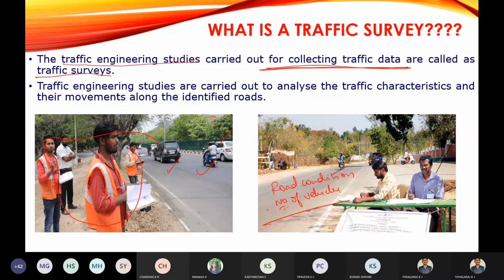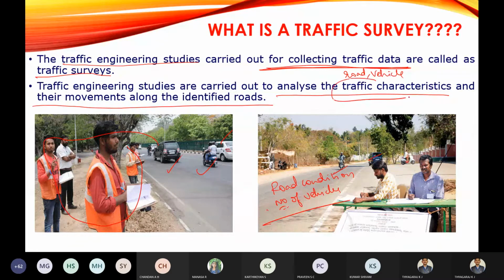Traffic engineering studies are carried out to analyze the traffic characteristics and their movements along the identified route. Not only collecting the data, it is also helpful in analyzing the traffic characteristics, that is road characteristics and vehicle characteristics.